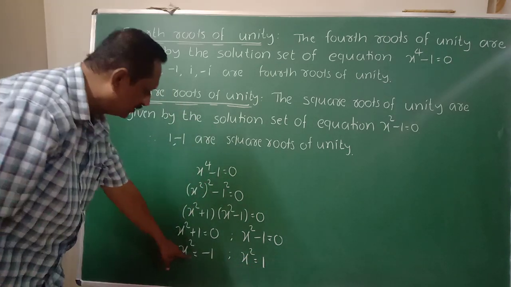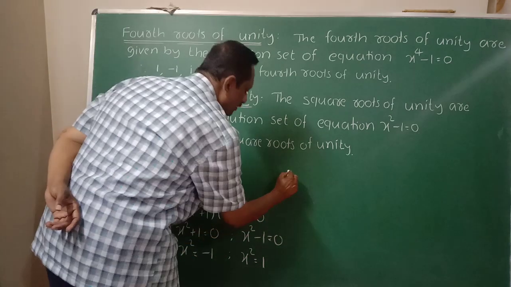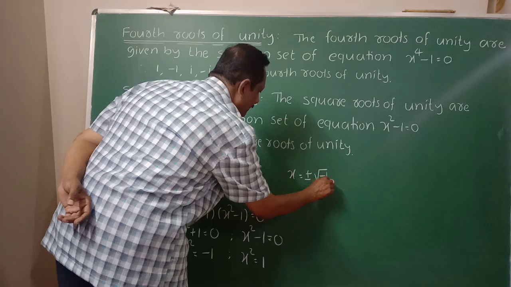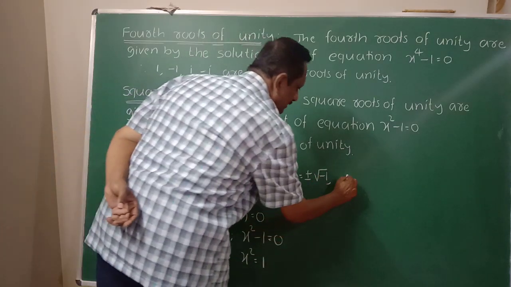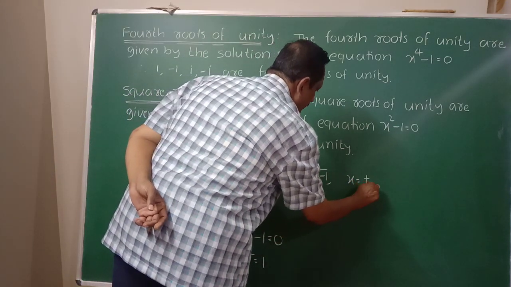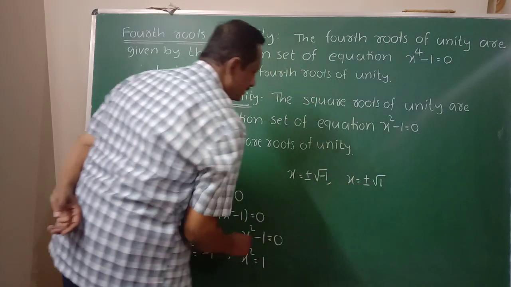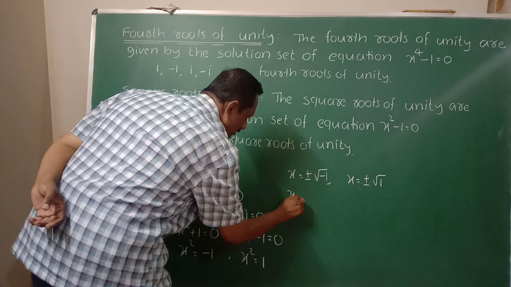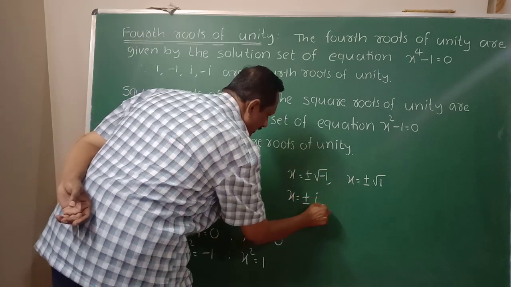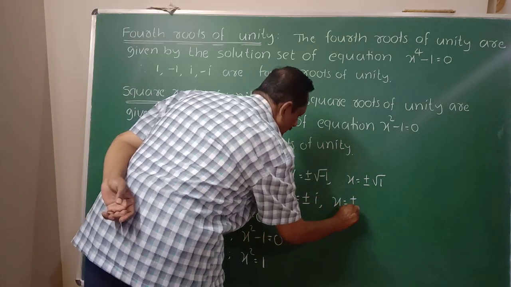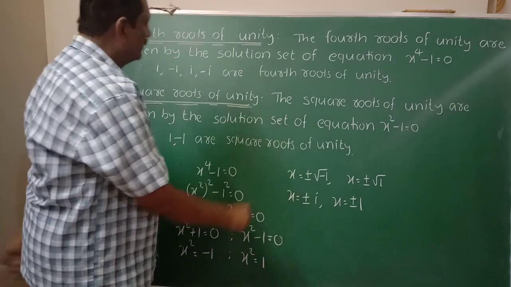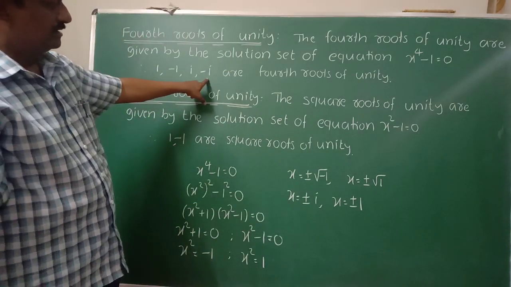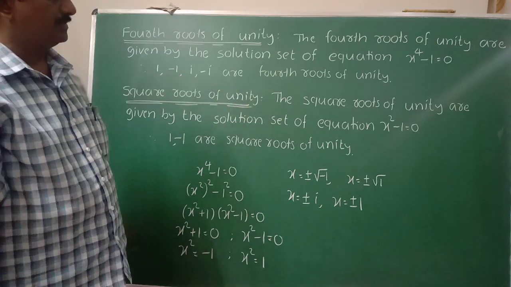So x square equal to minus 1, therefore x is equal to plus or minus root of minus 1, and x is equal to plus or minus square root of 1. Hence square root of minus 1 is i. So x is equal to plus or minus i, and x is equal to plus or minus 1. So plus 1, minus 1, plus i, minus i. These are the fourth roots of unity.